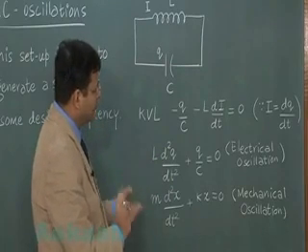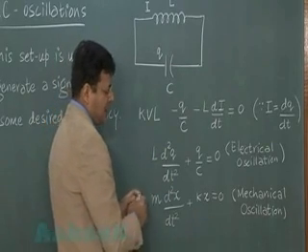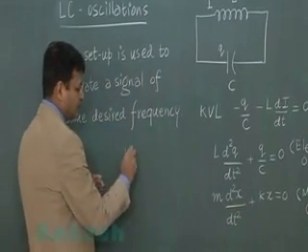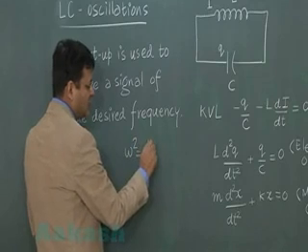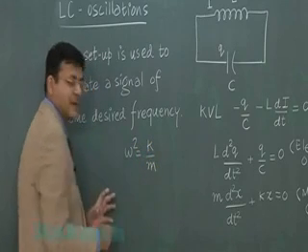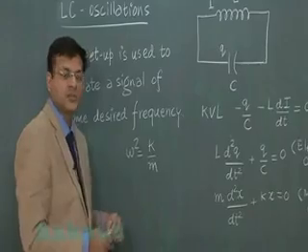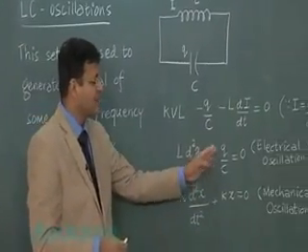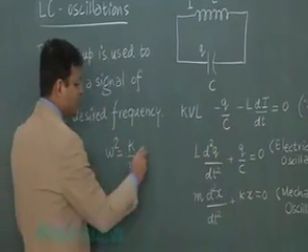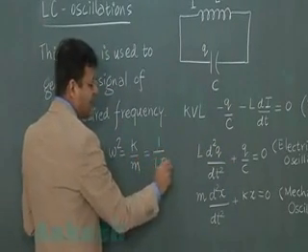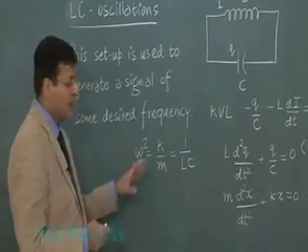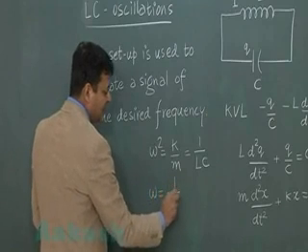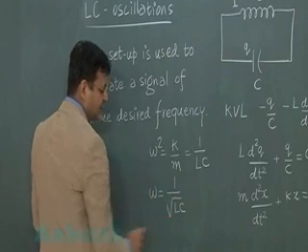Now if you further simplify this expression, remember that you had omega square equal to k by m. This was the expression you had for simple harmonic motion. This was called angular frequency. So if you are writing it as k by m, then here you can write it as 1 by C by L, so 1 by LC will also be playing the same role, and the angular frequency omega here will be 1 by under root LC.